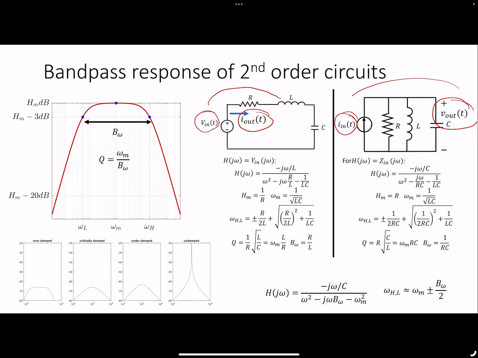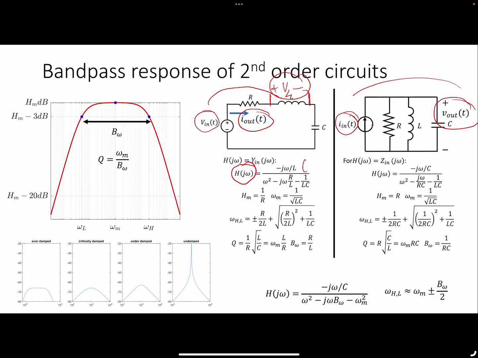Now, do note that if I assume that the output is VL, that's not a bandpass filter anymore. If this is the transfer function for the current out, the transfer function for VL would need to be multiplied by j omega L, which would give me a square in the numerator. So it would give me two zeros in the numerator and two poles in the denominator, and that's now a high-pass filter.